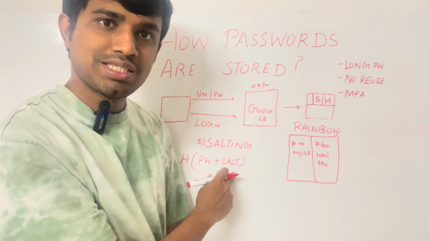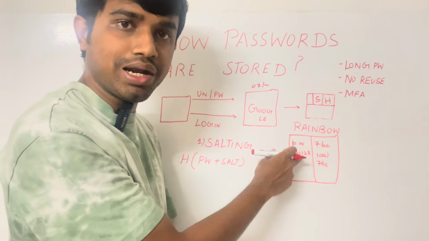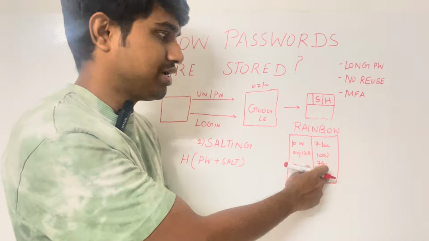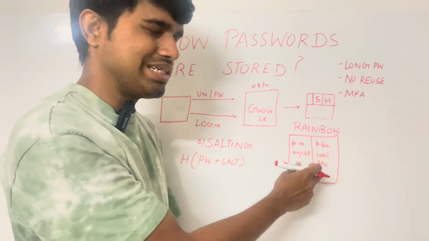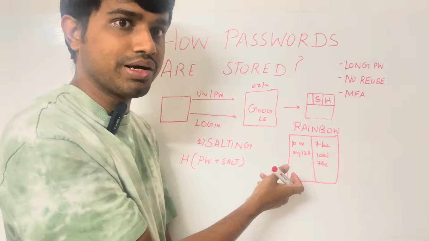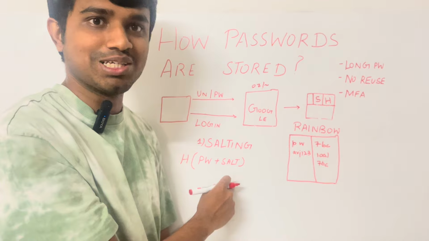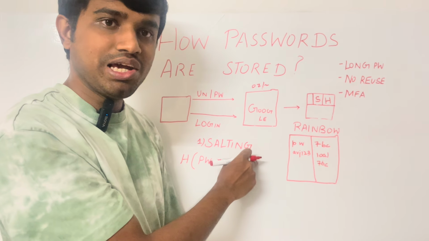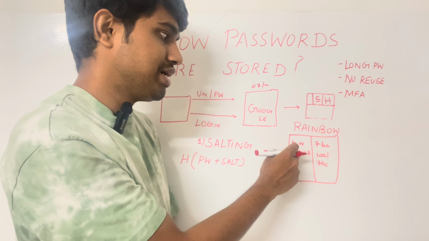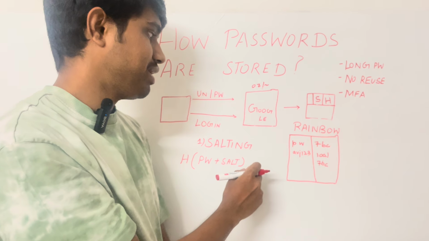But by adding a salt and putting it into the hash function, even if you and another user have the same password, the hash will be different. So if an attacker looks at the hash table to build a rainbow table, it is even harder because they need to guess the password plus salt as well. This salting concept makes it super hard to build a rainbow table because they can only guess the common passwords but not the salt, right?